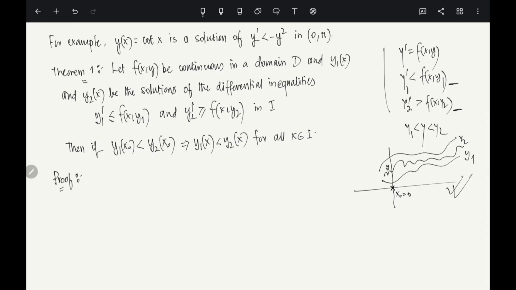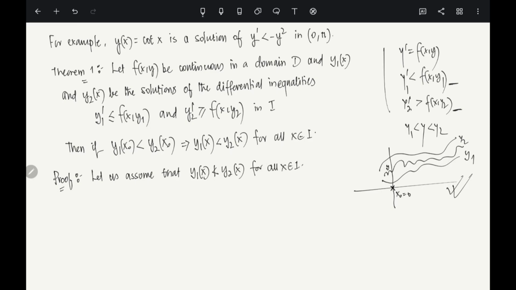This is the proof. Let's say that this is not true. Let us assume that y1 of x is not dominated by y2 of x for all x in I. What does it mean?